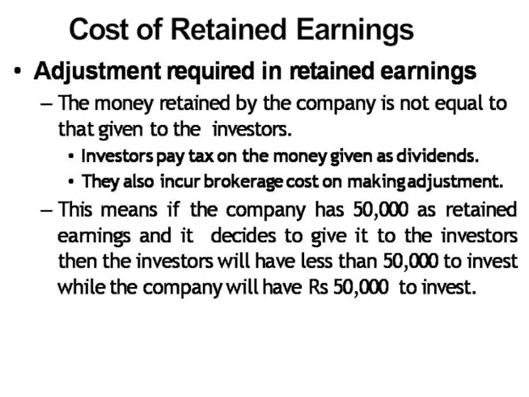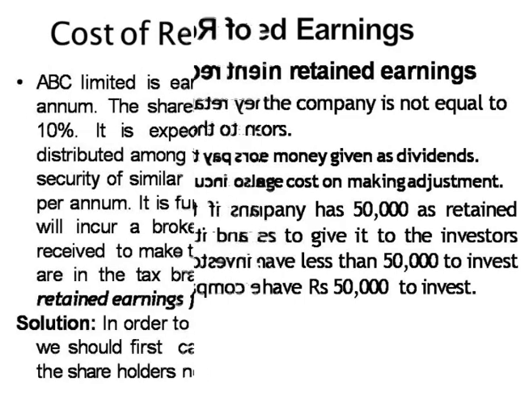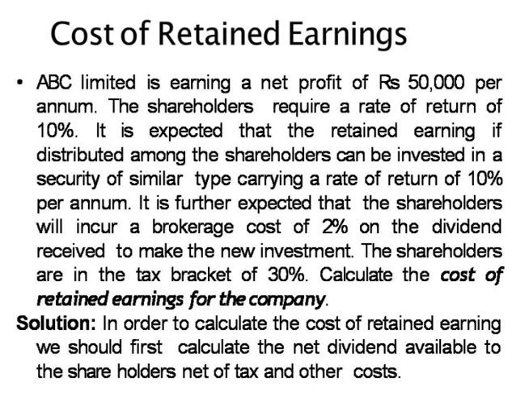So this means if a company has 50,000 rupees, this is an example, as retained earning, and it decides to give it to the investor, then the investor will have less than 50,000 to invest, while the company will have 50,000 to invest. How? This is a short case study to understand the concept of retained earning.